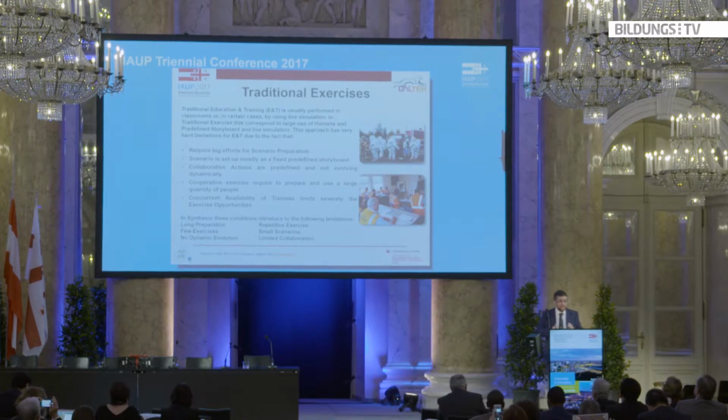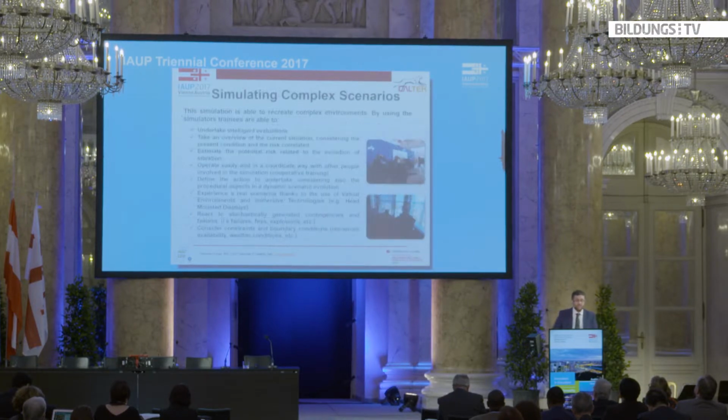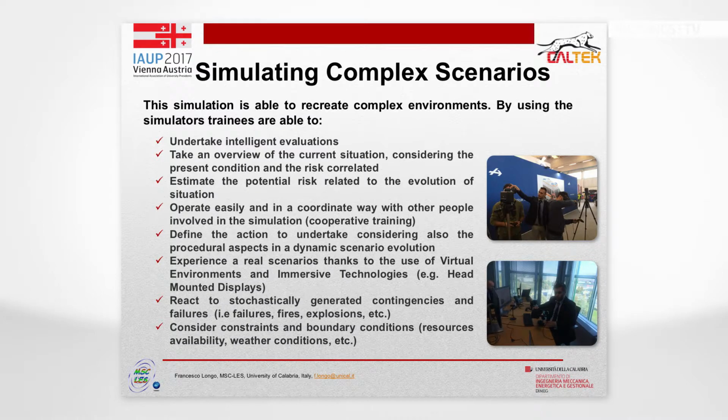So to summarize, we can say that live simulation and traditional exercise have limitations in terms of long preparation, few exercises, few scenarios that you can run, and very limited collaboration and cooperation among all the people that you need to train. Vice versa, if you use simulation, you can carry out cooperative training, for instance, by letting people experience virtual environment, by using head-mounted display.